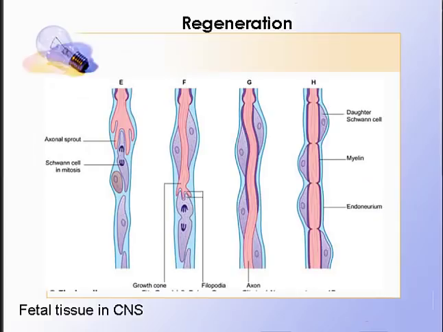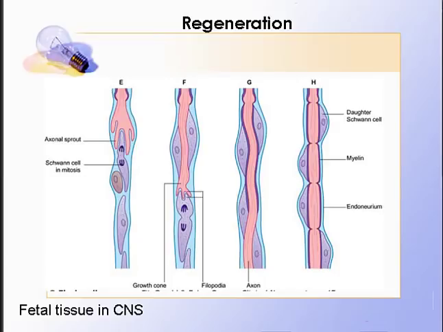Now regeneration occurs in the peripheral nervous system quite freely, whereas in the central nervous system, regeneration does not occur, or rather it's unsuccessful.